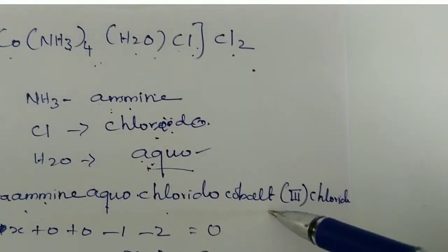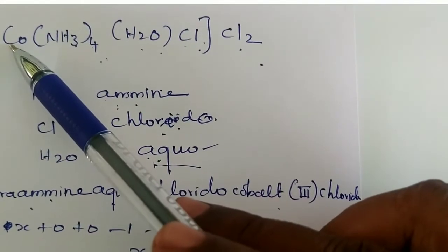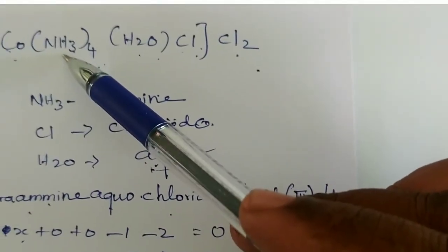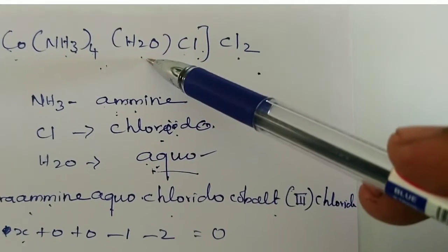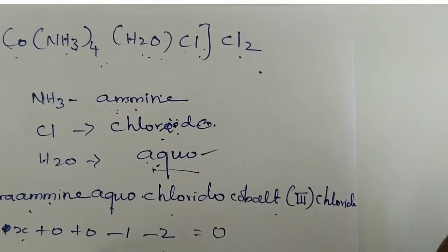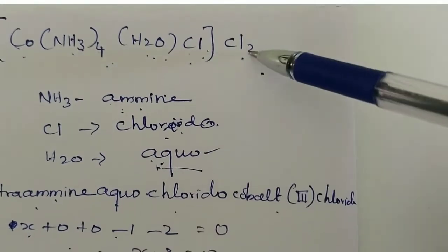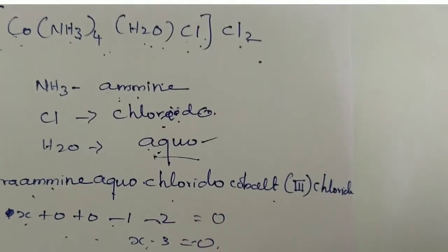So, cobalt. Now, we have to calculate the oxidation number. For calculating the oxidation number of cobalt, x. Ammine is a neutral ligand, so its charge is 0. Water is also a neutral ligand, so its charge is 0. For 1 chlorine, -1. For 2 chlorine outside, -2. So, x - 3 = 0, x = +3.